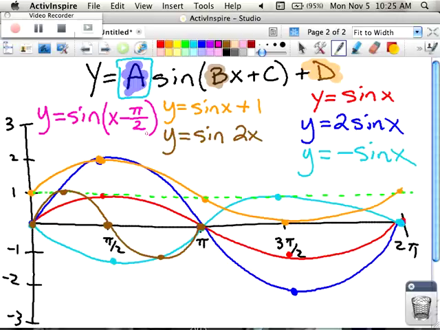That says x minus pi over 2 in the parentheses. And here's what happens.